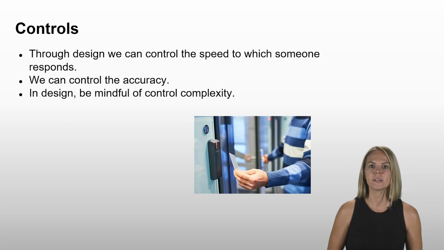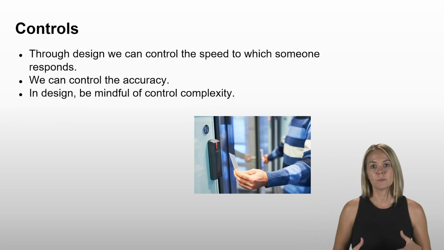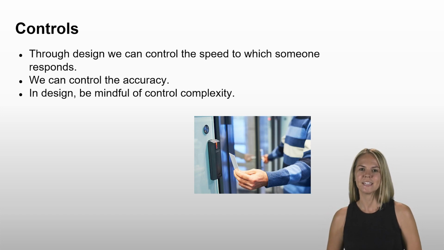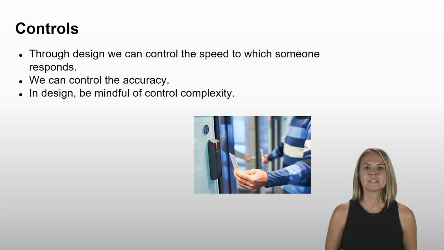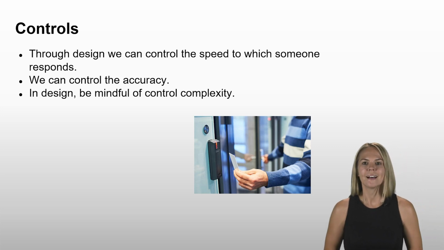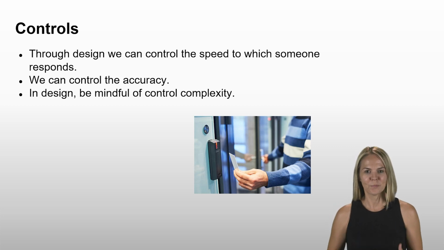Through the design, we can control the speed with which someone would respond. We can also try to control their accuracy, and based on the design, those things can be accounted for. In design, we also have to be mindful that there's a lot of complexity with control systems, that our brains are heavily taxed when we're doing a lot of different things, and we need to make sure that we're not putting so much pressure and stress on them, and that the displays are clear.